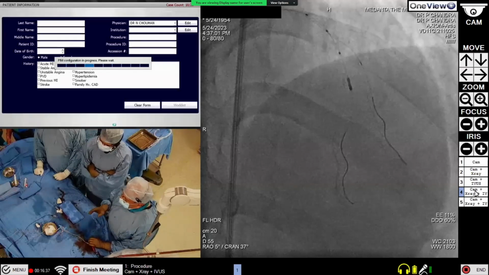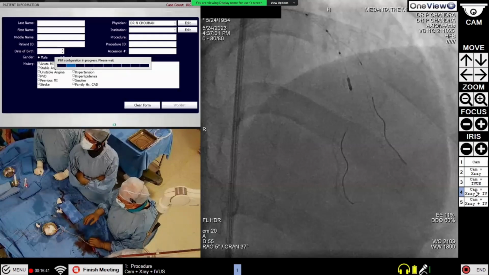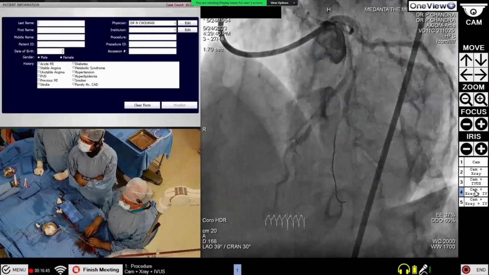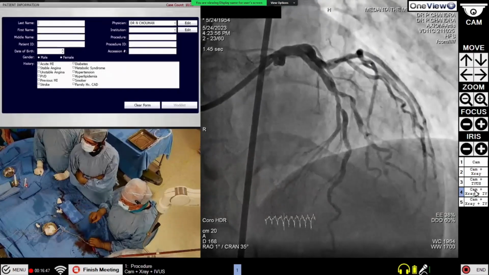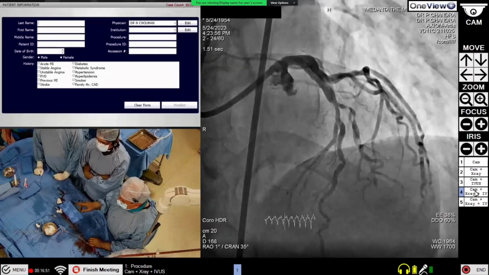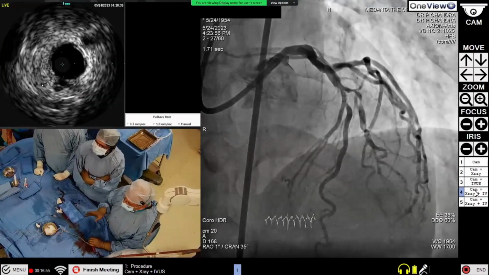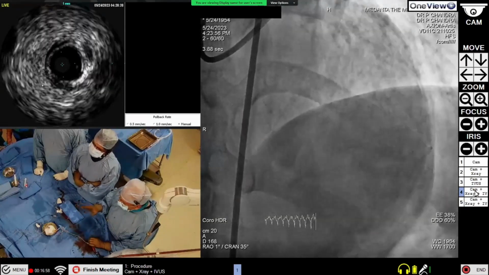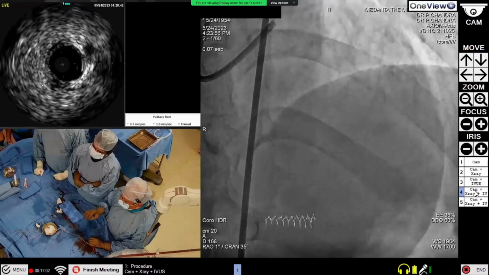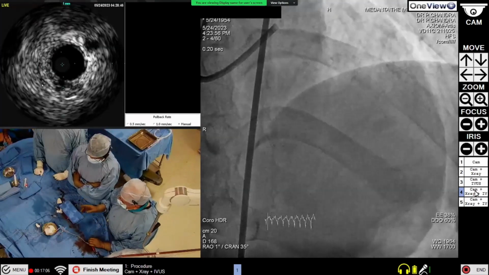The main vessel looks like a 4 mm vessel, and then there is a sudden tapering, so the LAD beyond the bifurcation is about 3 mm, and this diagonal looks like 2.5. After the diagonal there is again diffuse disease, but certainly one point is very tight. So we put wires in both vessels, the LAD and the diagonal.